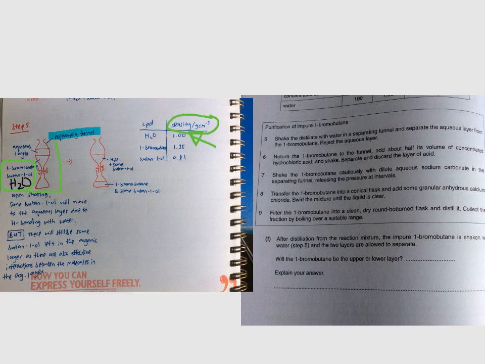Upon shaking, some of the butan-1-ol will move to the aqueous layer due to hydrogen bonding with water. This shaking process doesn't make all of the butan-1-ol go to the aqueous layer, and there's a reason for this.